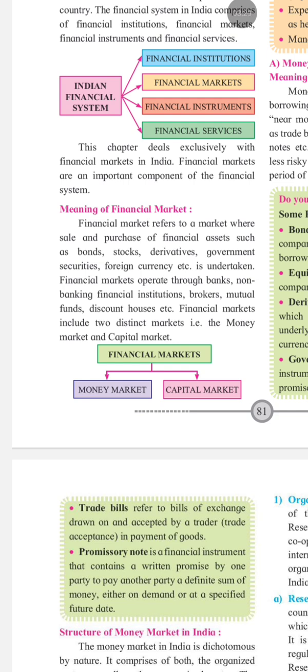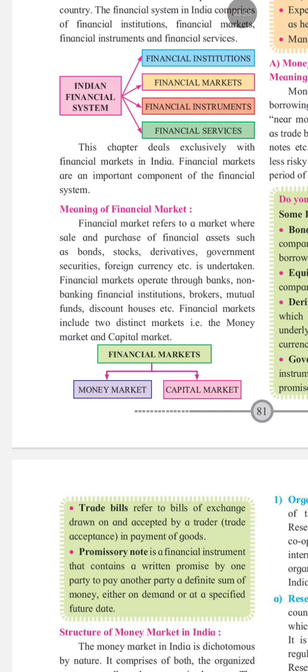These markets operate with the help of banks, non-banking financial institutions, brokers, mutual funds, and discount houses. Remember one important point, this is the most important point: a financial market acts as a bridge between savers and investors. Without financial markets, it would be very difficult for money to move from one person to another in an organized manner.